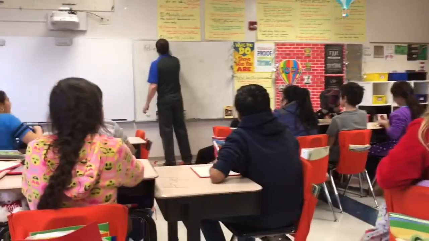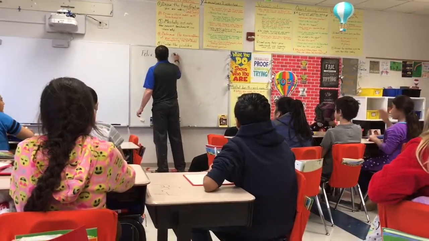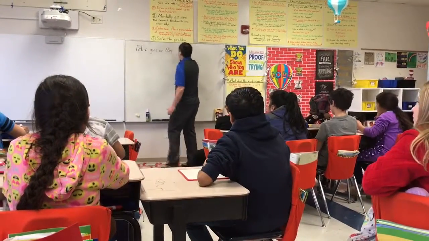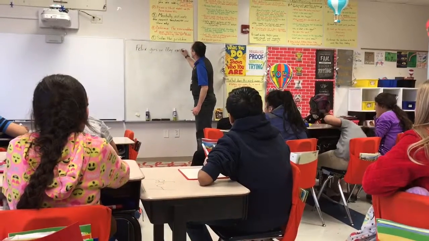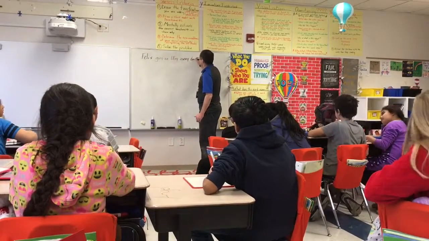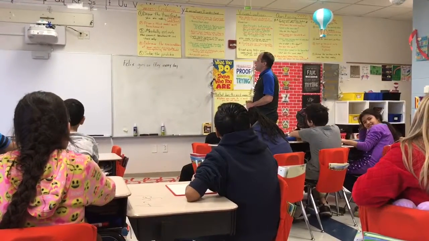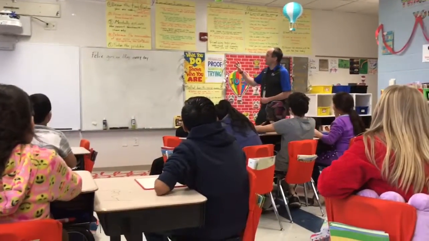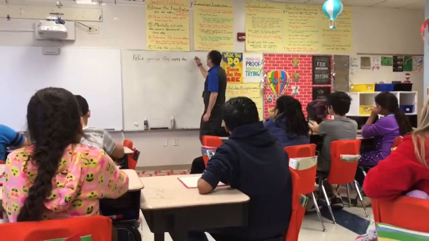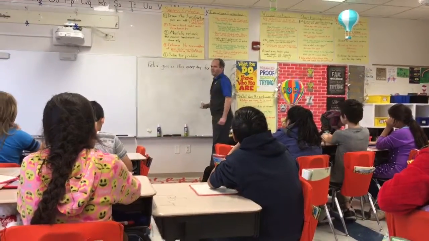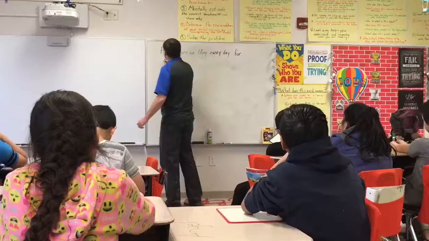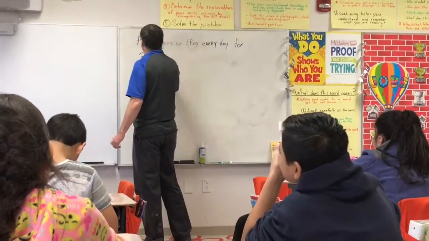Felix goes on eBay every day. And he goes on to try to see if he can get good bids on Justin Bieber stuff. And that's what he does. He goes on eBay every day for 2/5 of an hour.